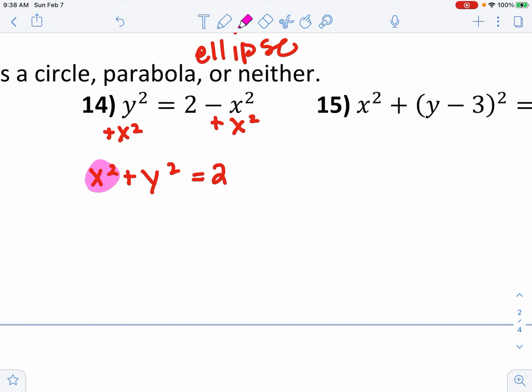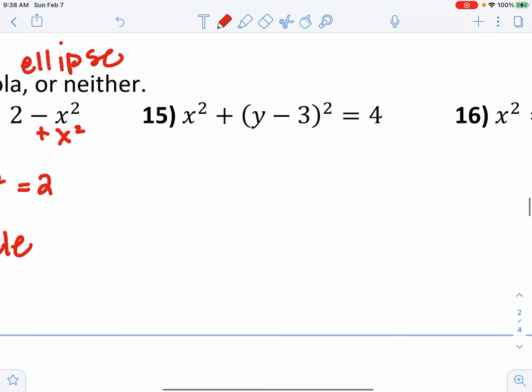All right, if you look, there's an x squared and a y squared. There's additions separating them, but they have the same coefficient of 1. So this is a circle. If there was a 3 right here, now it's an ellipse. Okay. All right, let's look at the next one here.